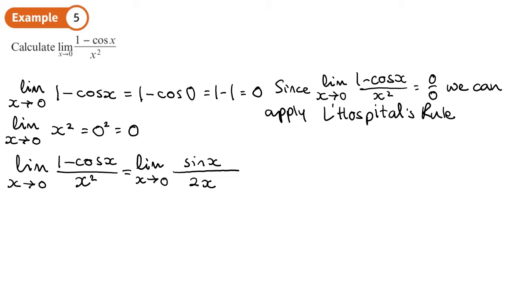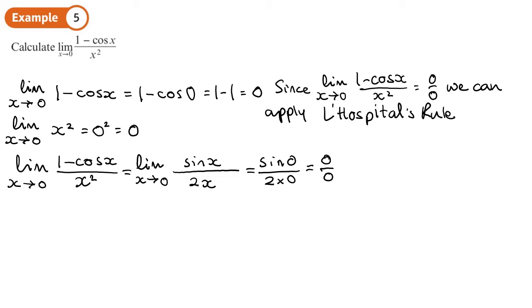So now we evaluate what happens as x tends to 0. Now it could be that this is also indeterminate. So let's have a look what happens. I think it is. So as x tends to 0, this will be sine 0 over 2 times 0. So this is also indeterminate.